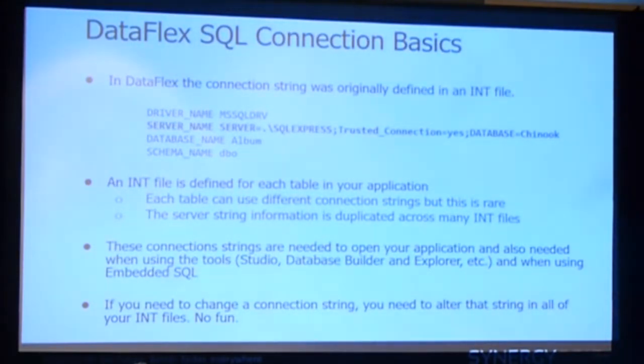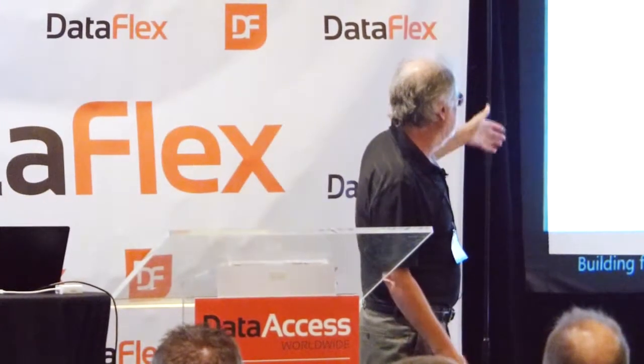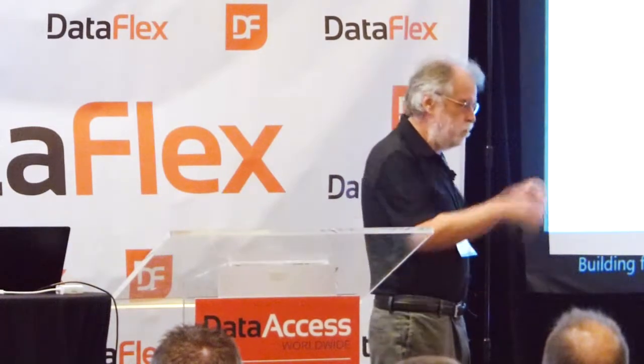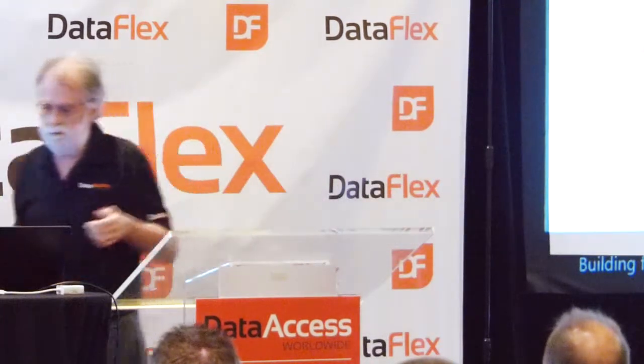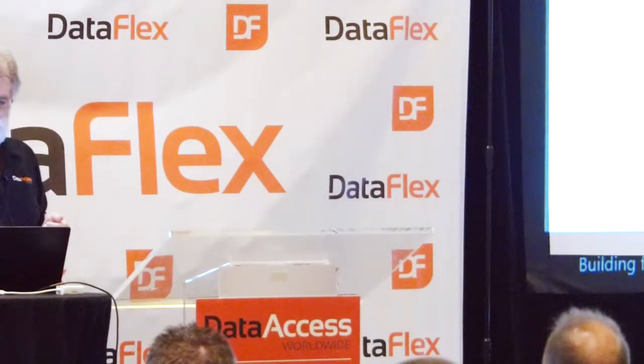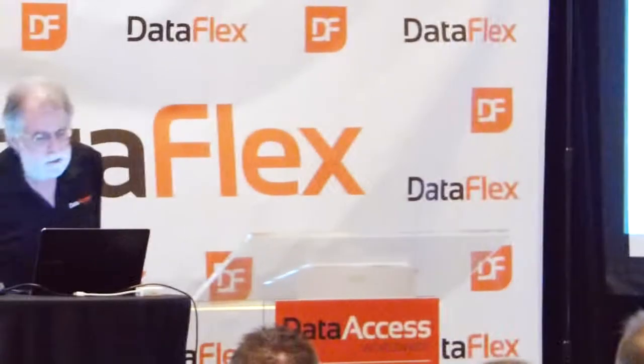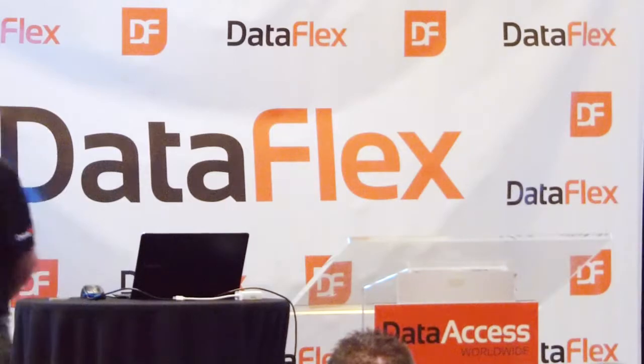Your application used this information, our tools used that information, but this was embedded in every int file, and so in order to change a connection, in order to move from this database to this database, you had to go in and change all the int files, which was, safely said, no fun.